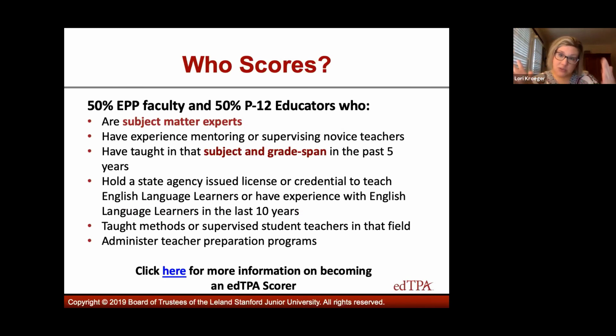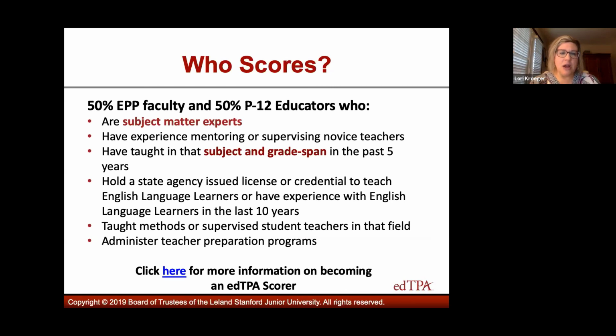So 50% are EPP faculty, and the other 50% are P12 educators. Either of those groups need to have several things to be qualified to score edTPA. The first is that they're subject matter experts. They have to have had experience mentoring or supervising novice teachers, and had to have taught in that subject or grade span within the past 5 years.